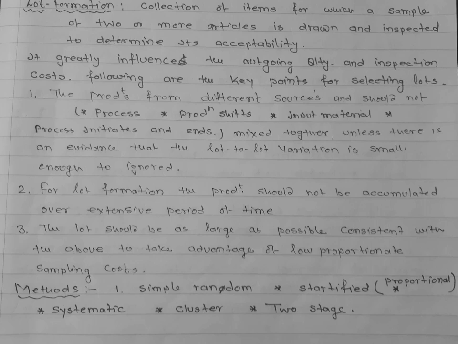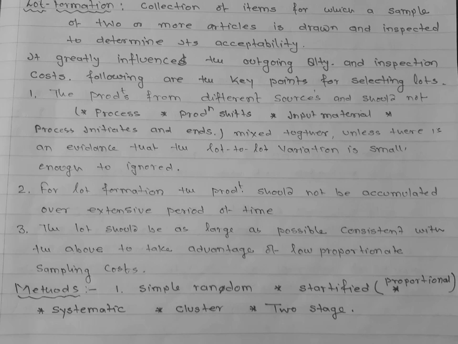In simple random sampling, we select a sample in such a way that each item in a lot has an equal chance of being selected. This means we take the sample in such a manner that every component has an equal chance to come into the sample. It's called random sampling.